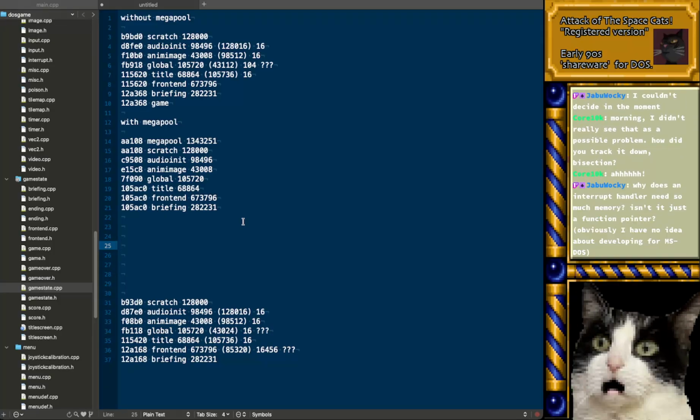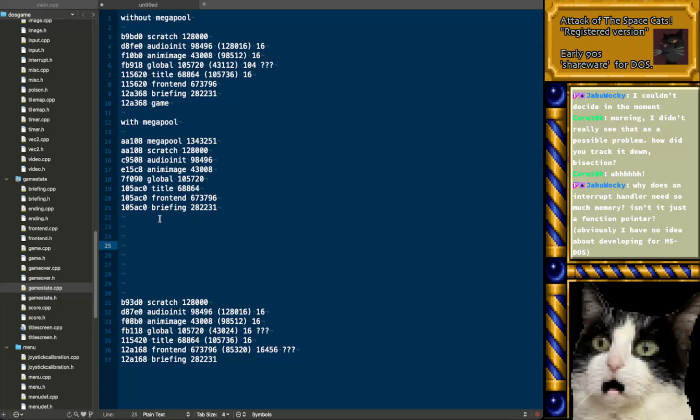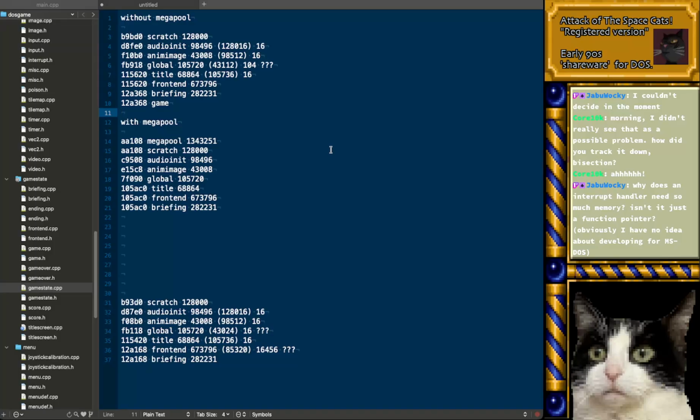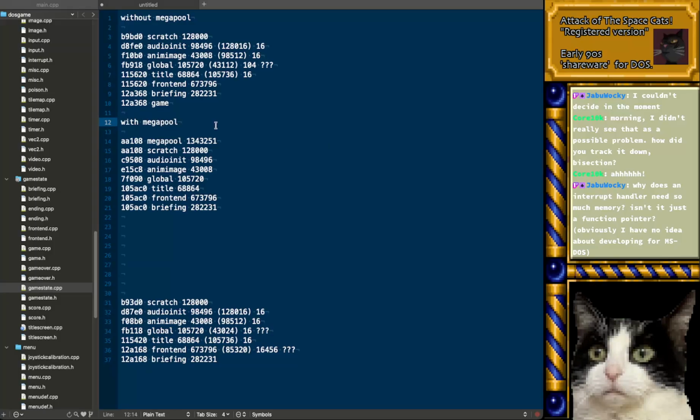So it does seem to be fragmentation related in some way, but I don't understand precisely what the mechanics of the fragmentation are, especially with such a low number of allocations. But if I allocate the two interrupt handlers and the Megapool at any point, that's fine.